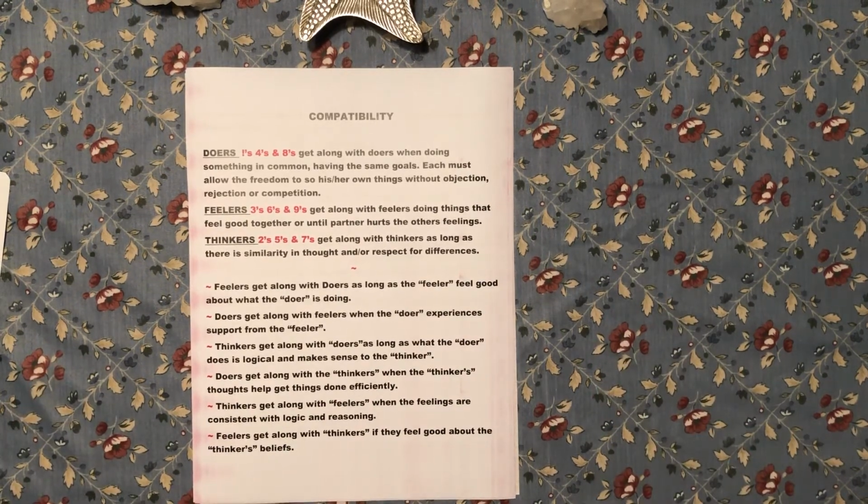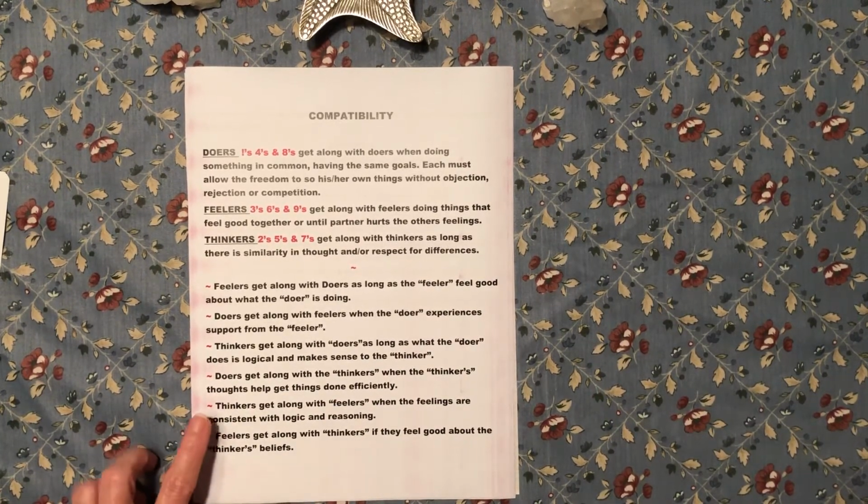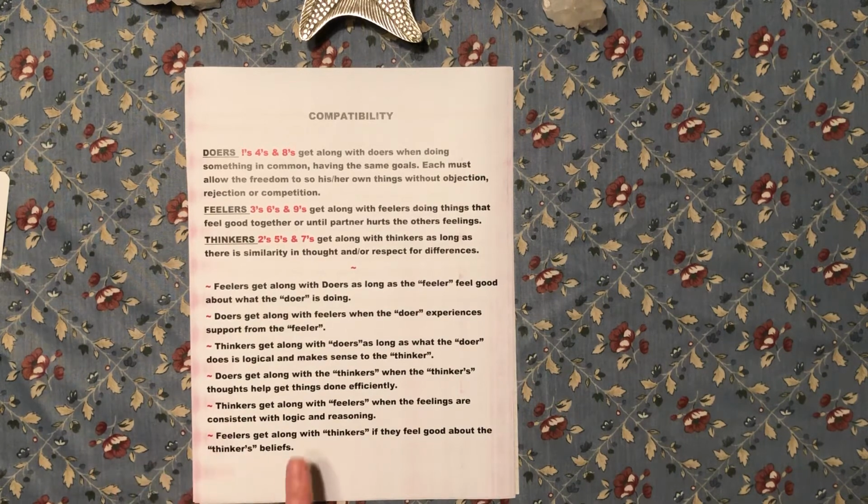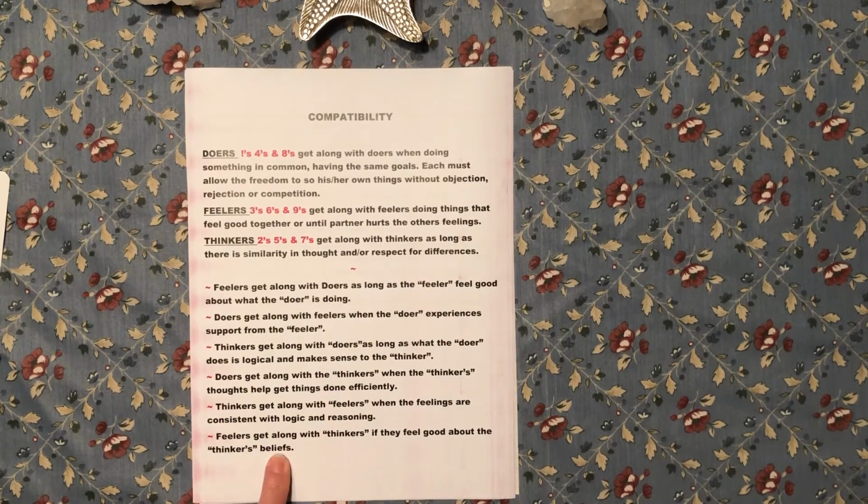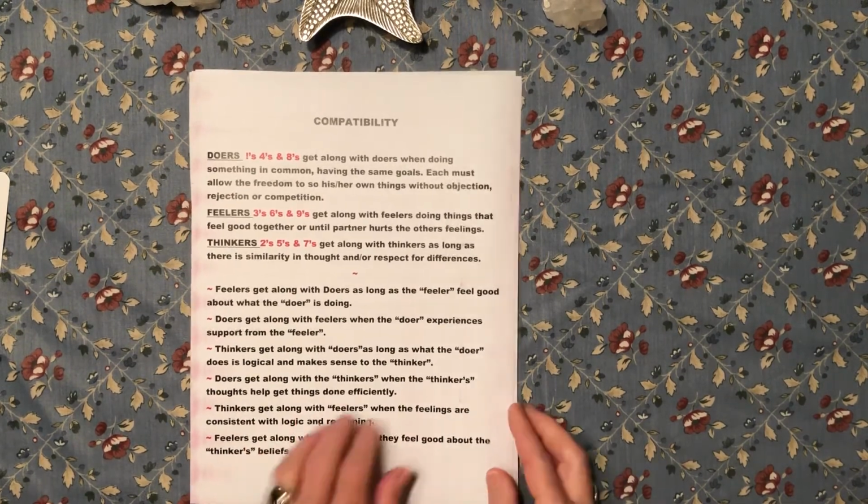All right, we come to thinkers getting along with feelers when the feelings are consistent with logic and reasoning, and then feelers get along with thinkers if they feel good about the thinker's beliefs. All right, so what does all this mean?